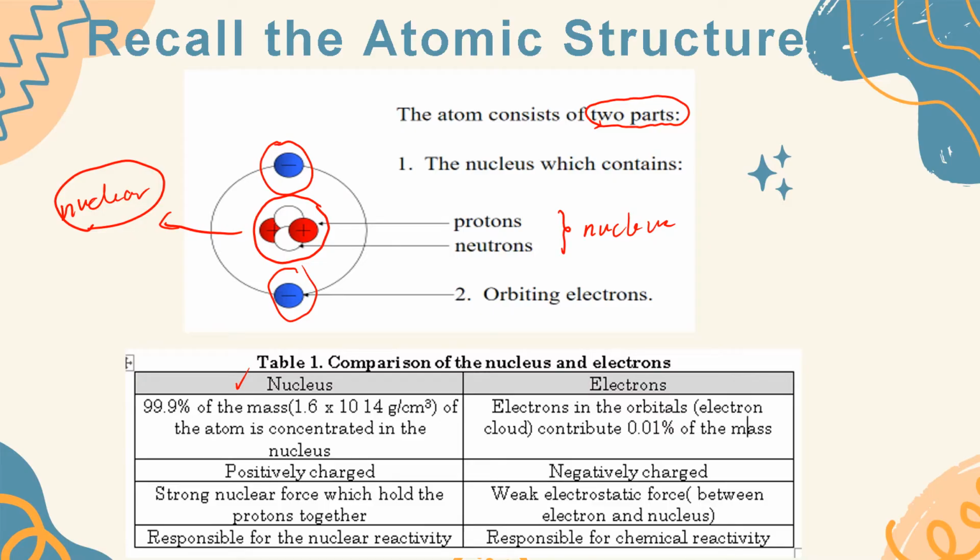We talked about this in our first meeting, that the structure of an atom is like a stadium. Yung nucleus doon ay parang sand lang doon sa stadium. Yung buong volume ay yung electrons.